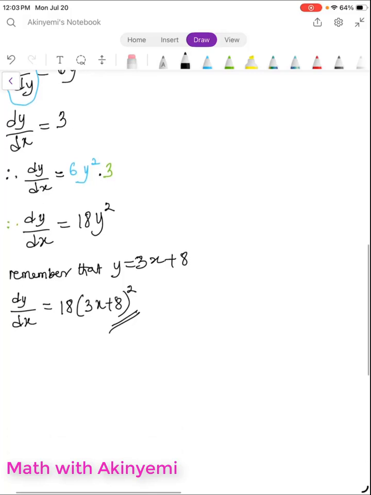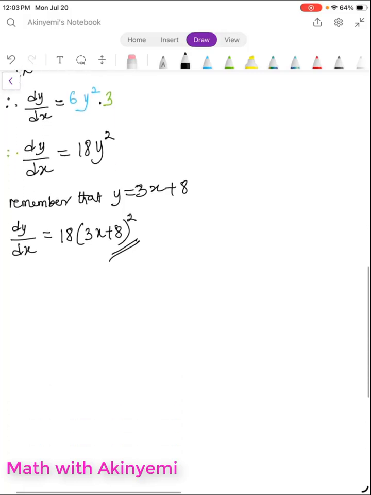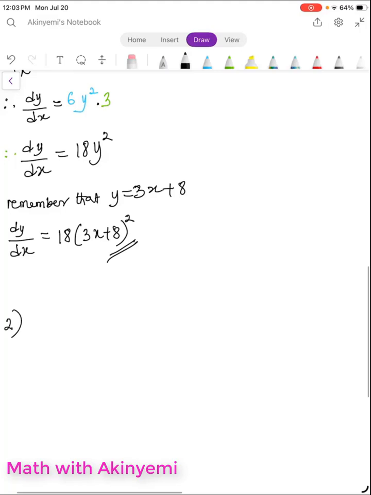So let's do another example. Example 2. Let's say find dy over dx using chain rule.